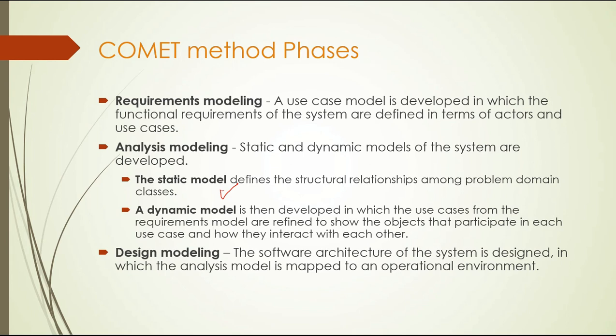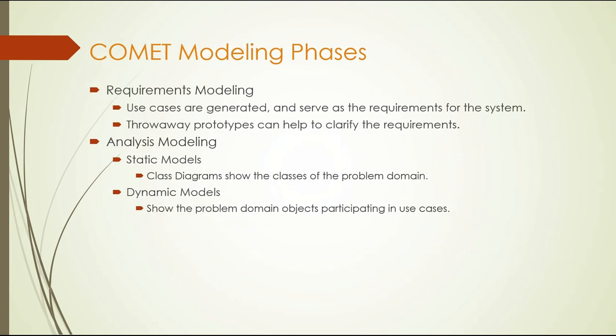After we develop the static model, which is the entities and the relations between them, we have to see the communication. How is the communication between these entities? The communication will be in the second part, which is the dynamic part. Then we go to design modeling. So these are the 3 steps that we have to focus on.